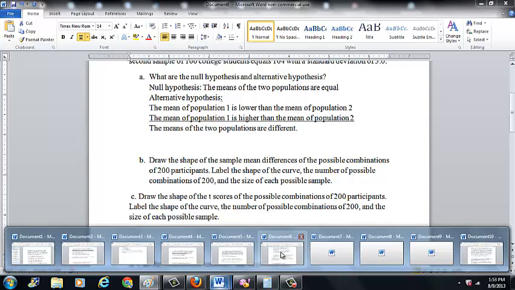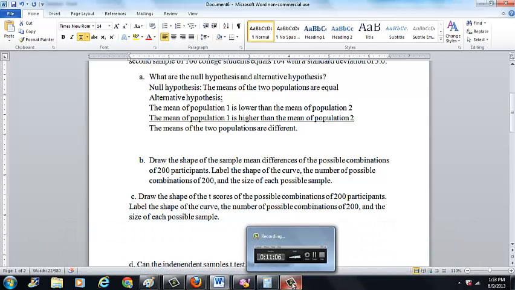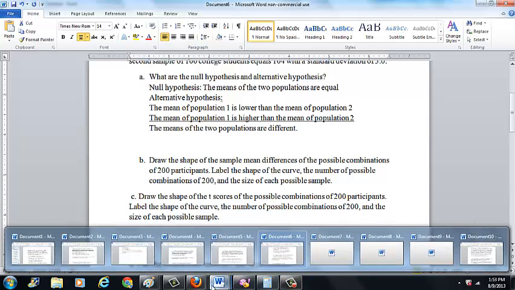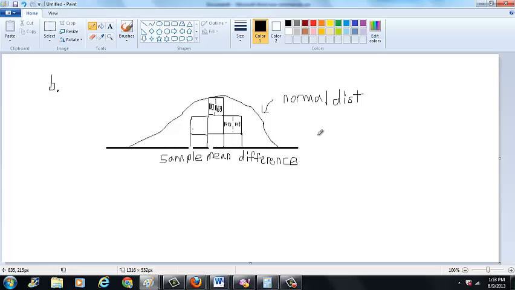Now we just need the number of possible combinations of 200. We can get that with our combination calculator.